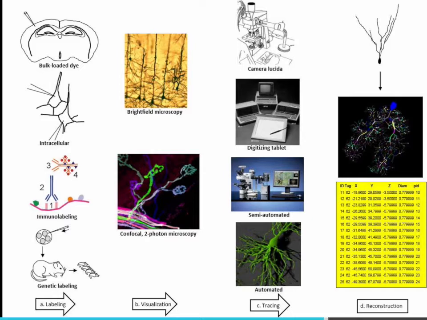Immunolabeling, that basically uses dyes or dyeing reactions attached to antibodies, and now the all-the-rave popular technology, which is genetic manipulations, where you can basically insert fluorescent proteins directly into the genome of the animal, so you don't need to do anything, you just wait for the animal to grow up. And literally, some of the neurons are going to be green, blue, yellow, red, and so forth.